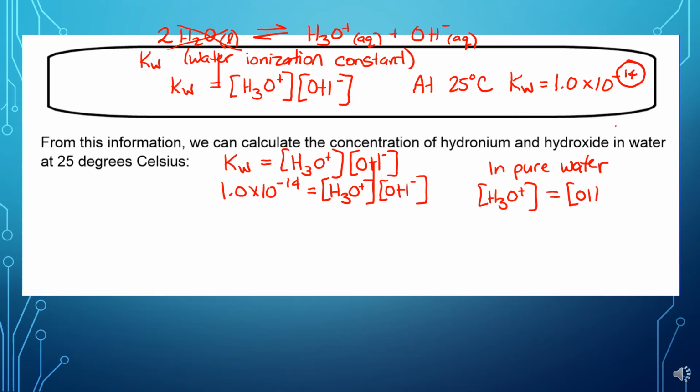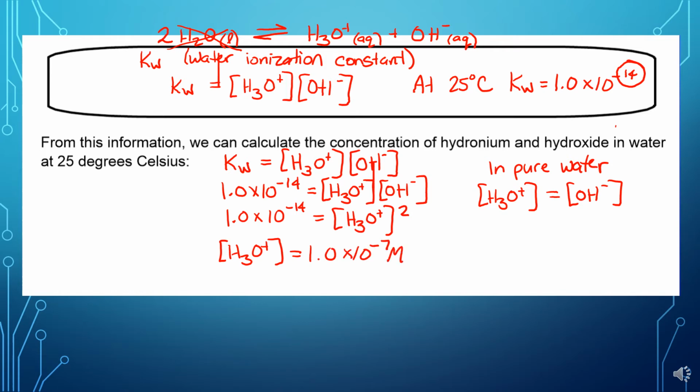They exist in a 1-to-1 ratio. So we can substitute in H3O+ for both of these. Now instead of two unknowns, I just have one unknown. If I take the square root, I find that my concentration of hydronium is equal to 1.0 times 10 to the negative 7 moles per liter. Because we've got a 1-to-1 ratio and they're equal, my concentration of hydroxide is also 1.0 times 10 to the negative 7 moles per liter.